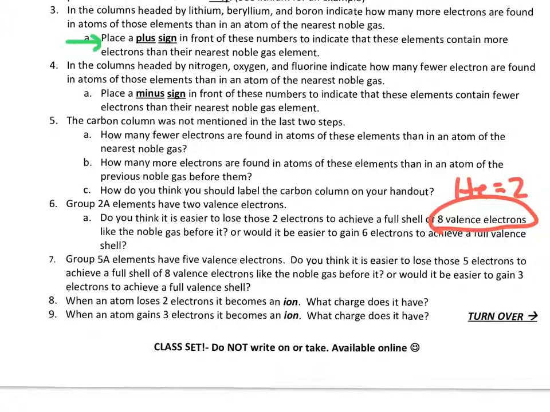So either way, whether you're going to gain electrons like nonmetals or lose electrons like metals, you always want to be like the noble gas nearest you, dressed up. It was just Halloween, so think about them dressing up like the noble gas nearest them. They either have to lose electrons to dress up like them, or they have to gain electrons to dress up like them. All right, so hopefully that was a good start for you guys, and it makes sense to you.